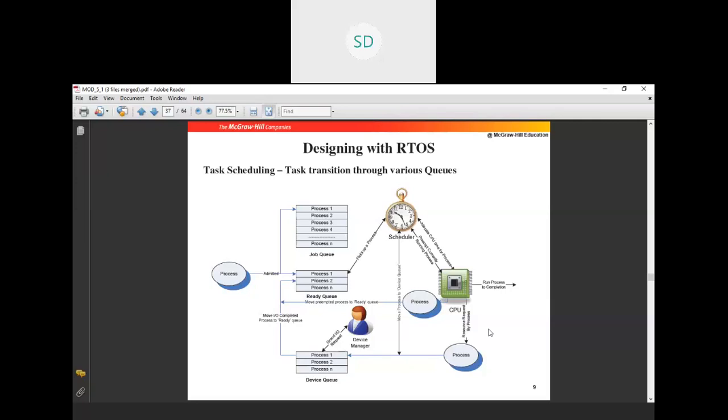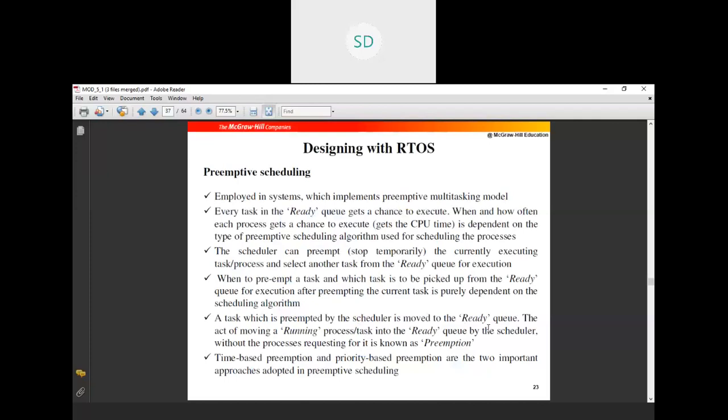So we'll discuss some of the different types of scheduling techniques available in preemptive scheduling. As I told you earlier, this particular scheduling strategy will preempt the presently running task based on certain conditions. So here every task in the ready queue gets a chance to execute. That is important.